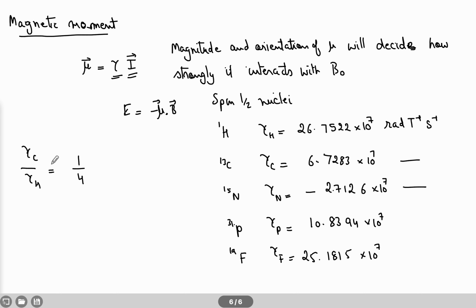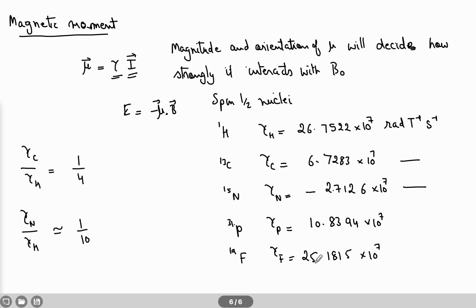You can also calculate similar ratios. What will be the ratio of gamma nitrogen to gamma proton? With respect to proton, the strength of the magnetic moment for nitrogen will come out to be roughly 1 by 10. You can calculate the precise numbers.